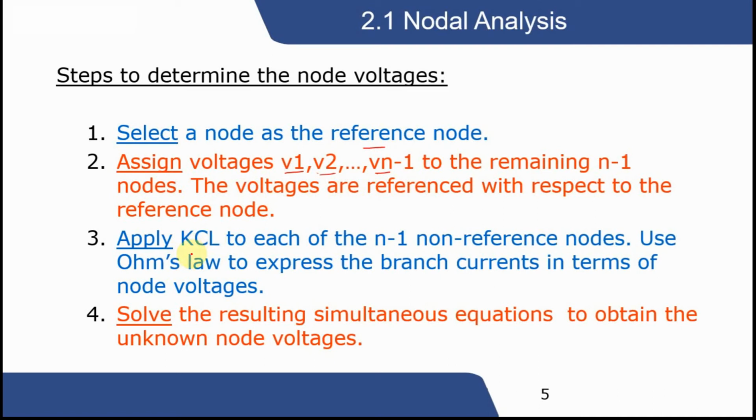In nodal analysis, we apply KCL to all n-1 non-reference nodes, only one is the reference node. So we apply Ohm's law expressions and KCL on the n-1 non-reference nodes. Then we solve the simultaneous equations.